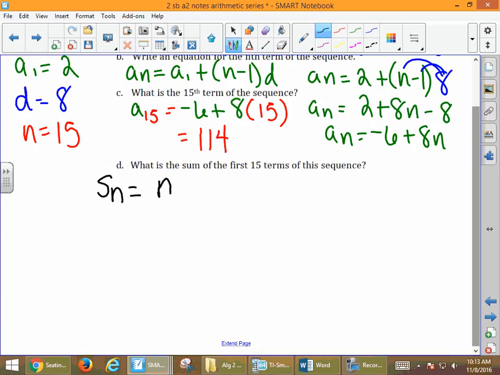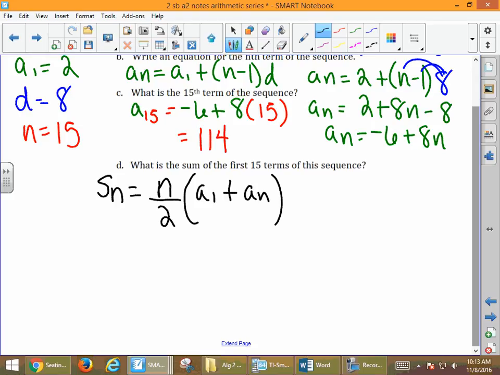It's going to be n divided by 2 times the first term plus the last term. In this case, it's going to be the 15th term that we're going to fill in. So look at what we've got. We've got all our information right here. We just need to put it in.